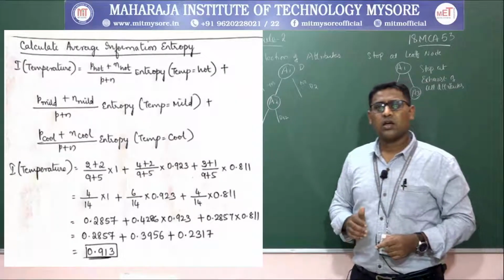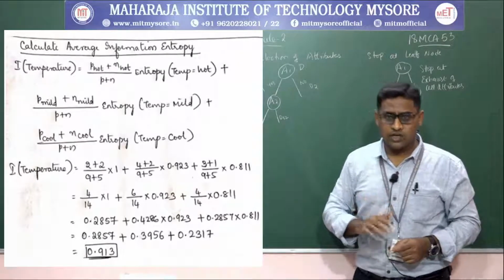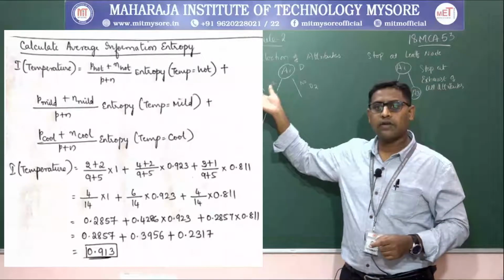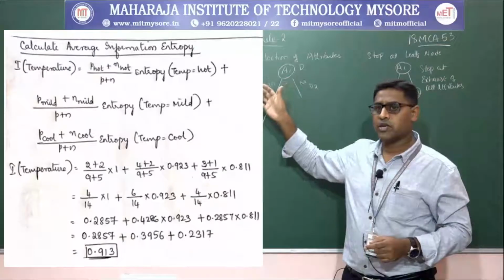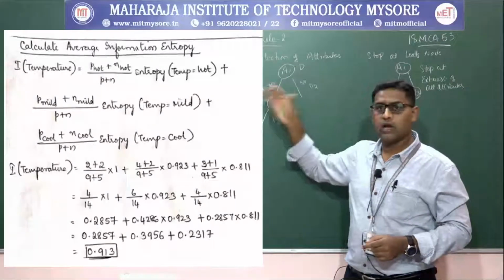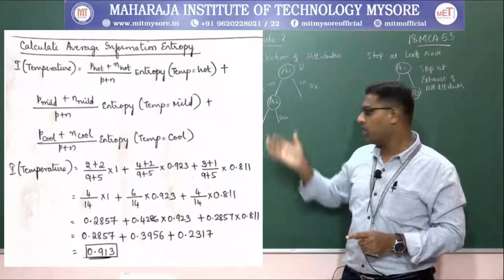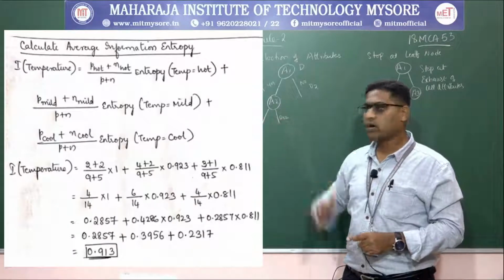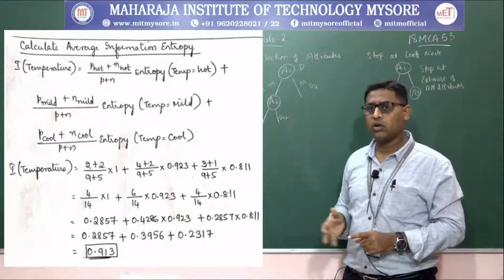Next you need to calculate the average information entropy. Similar to outlook, where we calculated the average information entropy as 0.693, we need to calculate the average information entropy for temperature. Temperature has hot, mild and cool, so you need to compute it for hot, mild and cool.